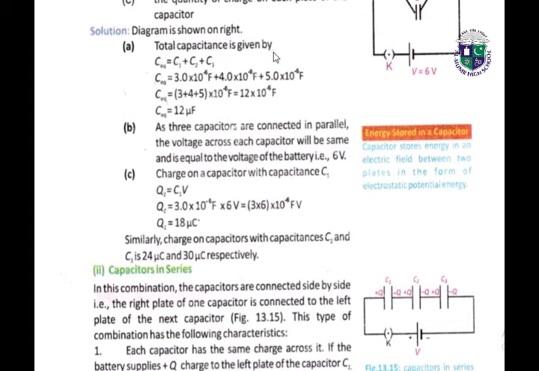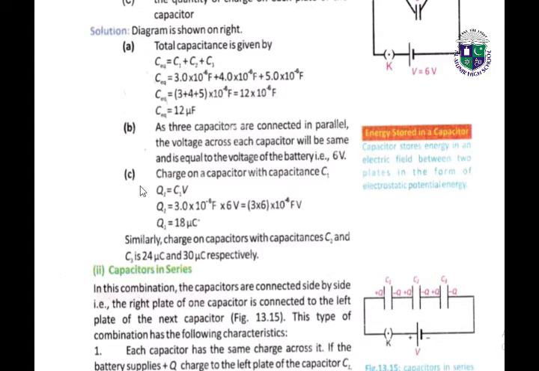Total capacitance is given by C1 + C2 + C3. By putting the values, we get the total capacitance. Part B: as three capacitors are connected in parallel, the voltage across each capacitor will be the same and is equal to the voltage of the battery, which is 6 volts.